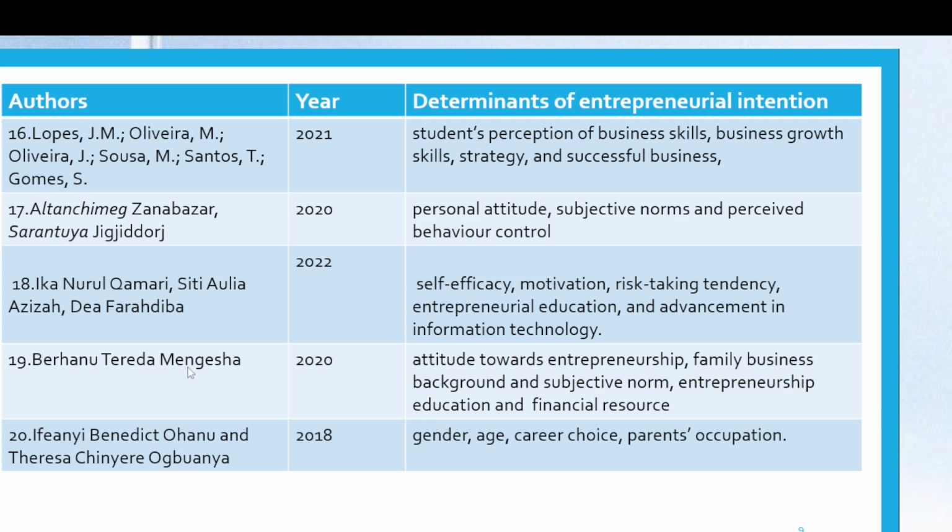These authors concluded that the determinants are the attitude towards entrepreneurship, family business background, subjective norm, entrepreneurial education, and financial resources. Finally, these authors concluded that the determinants are gender, age, career choice, and parents' occupation.